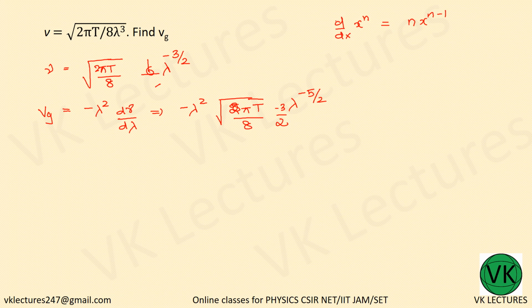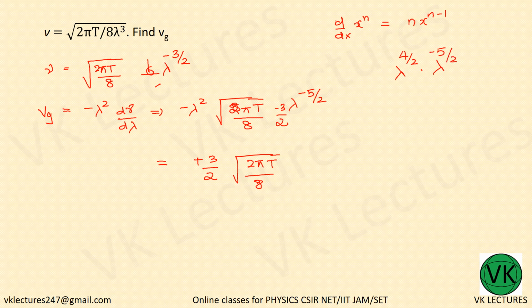Okay, so that's it. So that's equal to minus 3 by 2, all the constant. With this minus I will write plus, under root 2 pi T by 8 into lambda power 4 by 2 into lambda power minus 5 by 2.